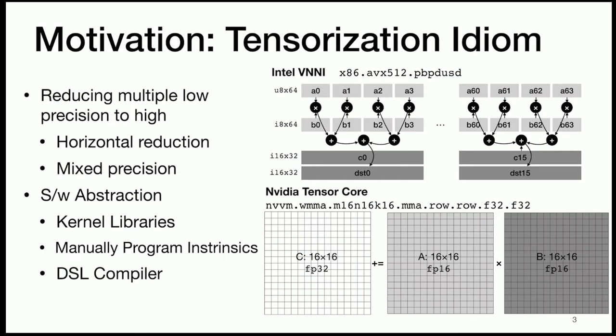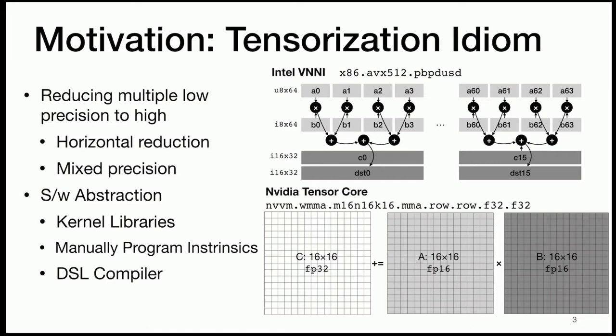Reorganizing the loops and rewriting them with a tensorized instruction is called tensorization. Unlike conventional SIMD, the tensorized instructions are no longer element-wise, and the data types of input-output operands are no longer identical. So the high-level abstraction and compilation techniques are still very preliminary.